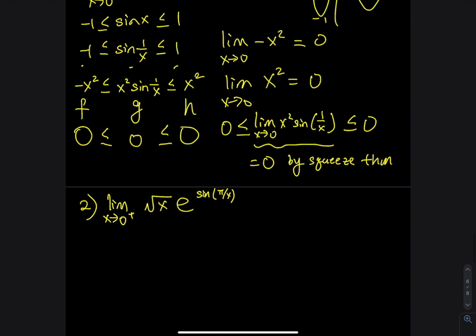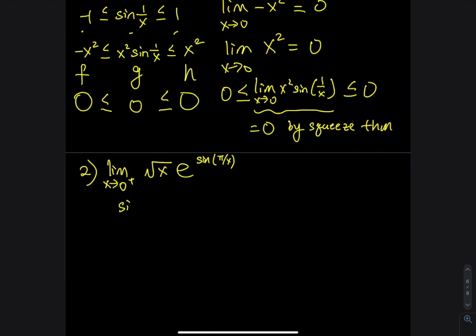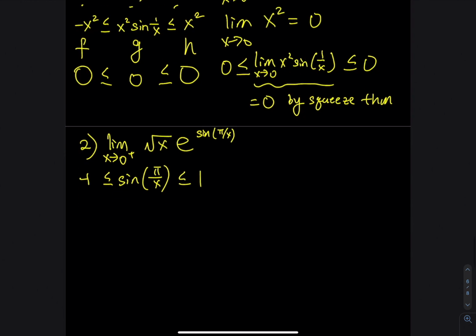Alright, so I will start off with sine of pi divided by x, that is still between negative 1 and 1, because having x in the pi divided by x doesn't change the amplitude, that changes the period. Negative 1 and 1. And then you raise each term to e. So e to the negative 1, e to the sine of pi divided by x, and then e to the 1.